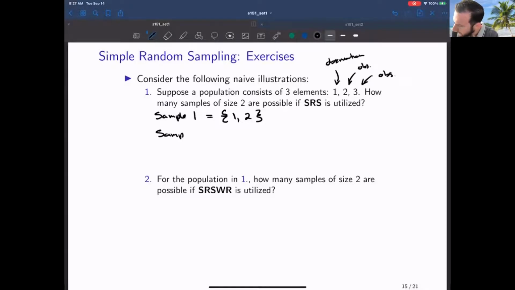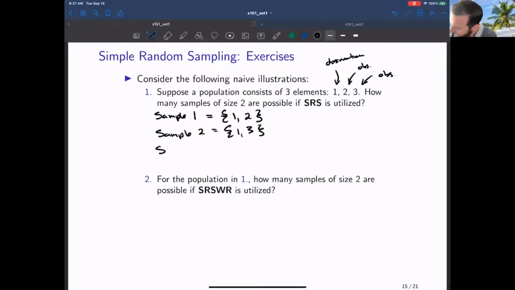Another possibility is that we observe the sample 1, 3. So this is the situation where we're taking 2 observations from the 3 total persons, but instead of getting the second observation, we're getting the first and the third.